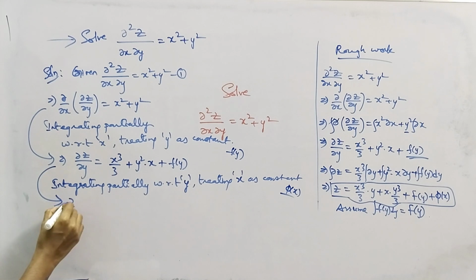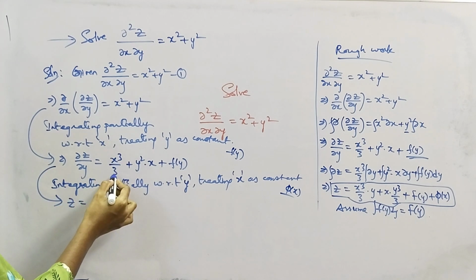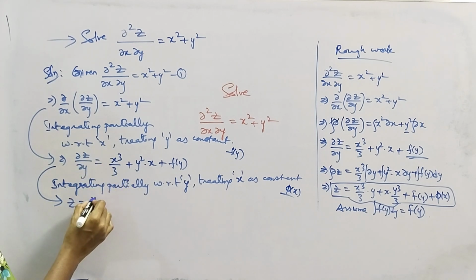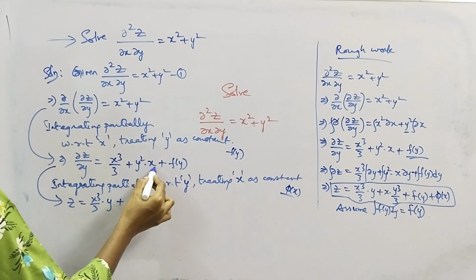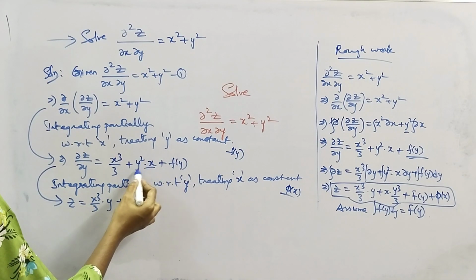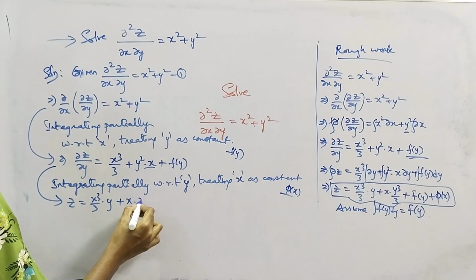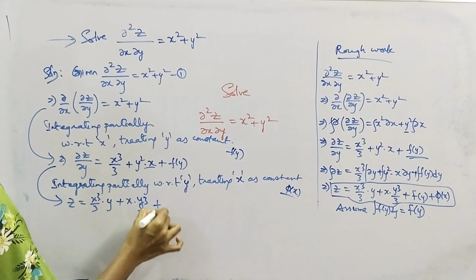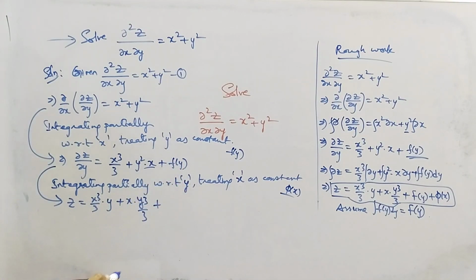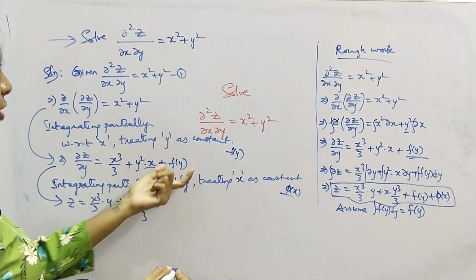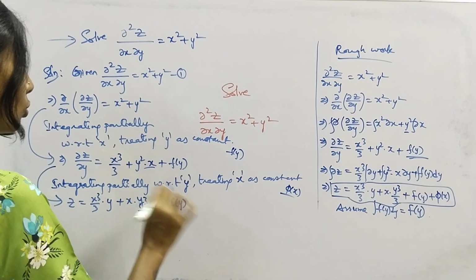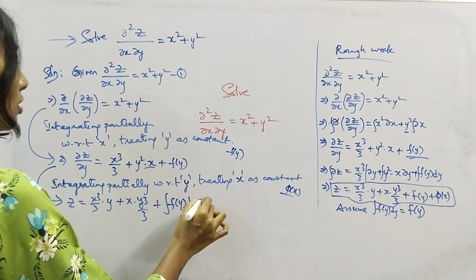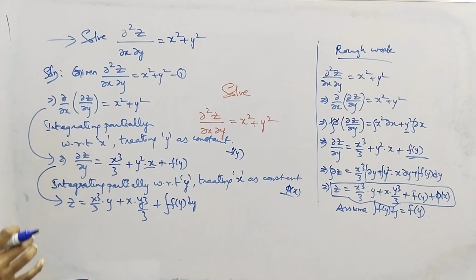And this becomes z = the integral of x³/3 with respect to y, which is x³/3 times y, plus, treating x as constant, x times the integral of y² with respect to y, which is y³/3, plus the integral of f(y) with respect to y. Everything is in terms of y, so instead of writing ∂y we'll write dy. You can consider it as an ODE.